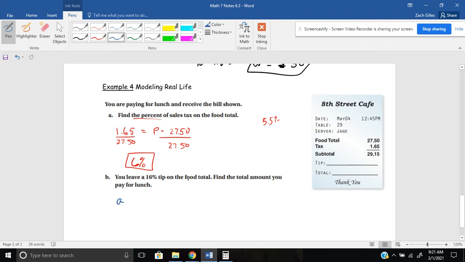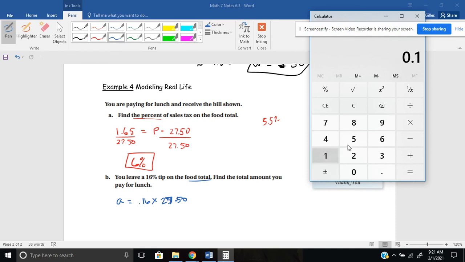The part would be how much our tip is. We know it's 16%, so 0.16 times the food total was $27.50. Okay, so if I multiply 0.16 times 27.50, the tip that I will give is $4.40.